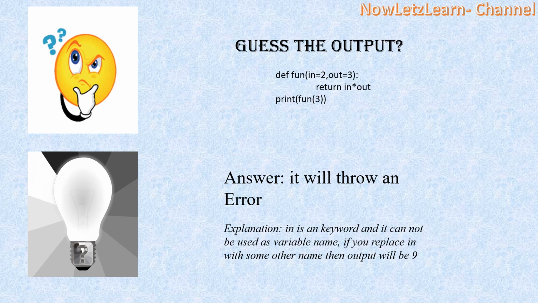If you had used some other variable name like inp or ink, anything like that, instead of in, then you might have got an output of 2 3 3 3, which is 9. But since you have used a keyword as a variable, it's throwing an error. If you got this answer in the first attempt, kudos. If not, we'll keep learning.